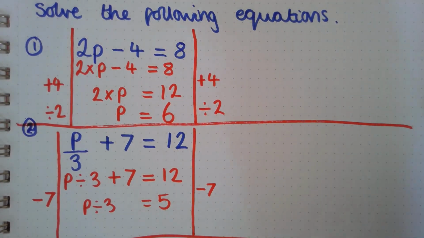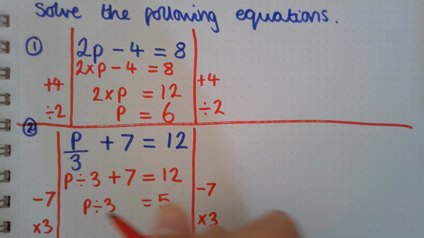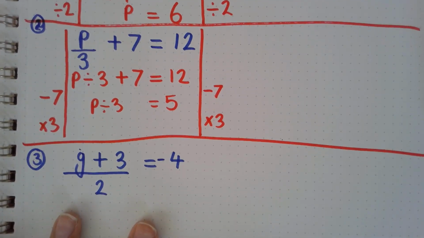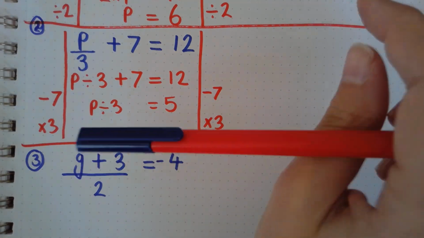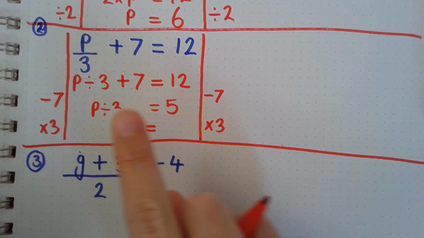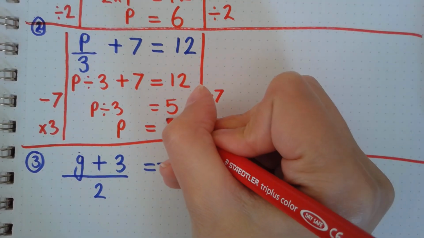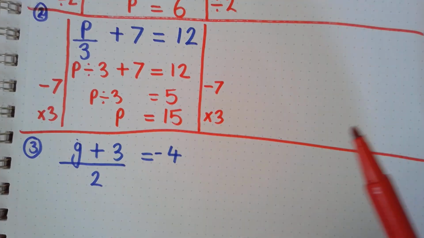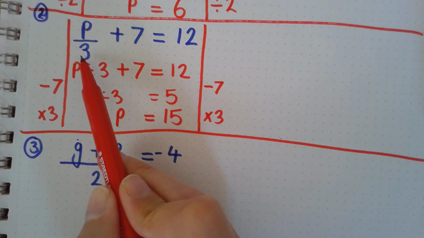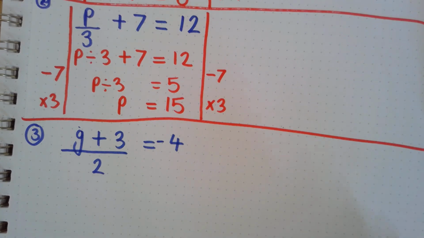So the opposite of divide by 3 is times by 3, both sides. What we do to one side, we have to do to the other side. P divided by 3 times by 3, we're just left with P. 5 times 3 is 15. So we can check. 15 divided by 3 is 5. 5 add 7 makes 12, so we're happy.